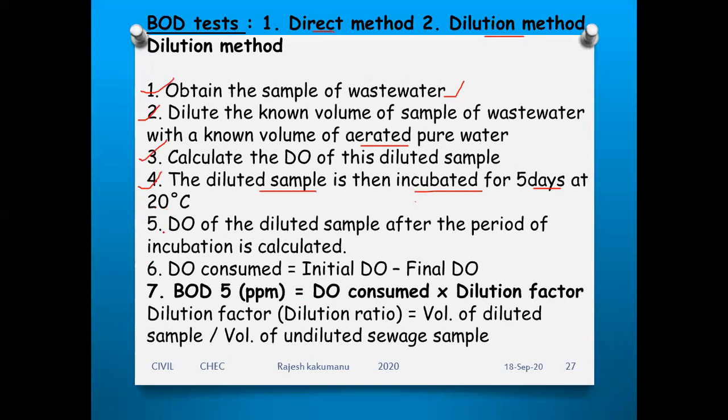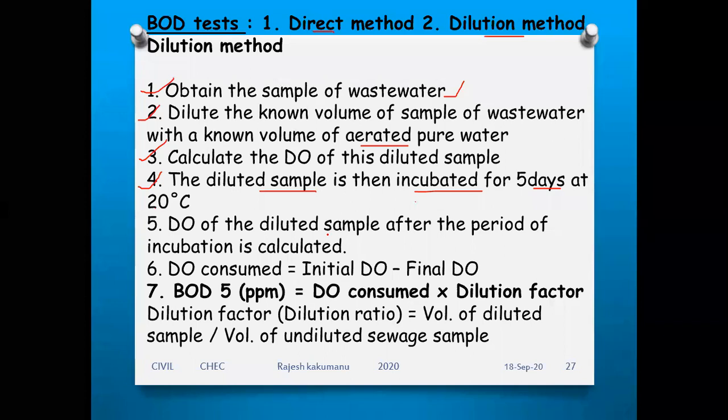Fifth, the DO, dissolved oxygen, of the diluted sample after the period of incubation is calculated. Once the incubation time is over, that is 5 days at 20 degrees centigrade, we have to calculate the dissolved oxygen of the sample.